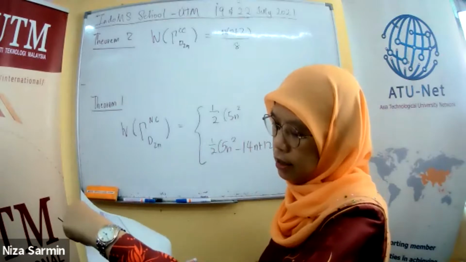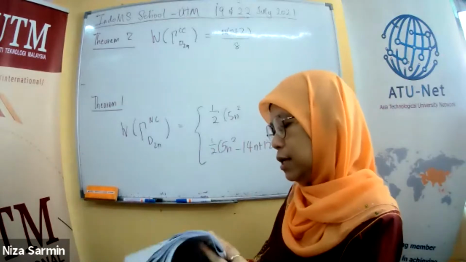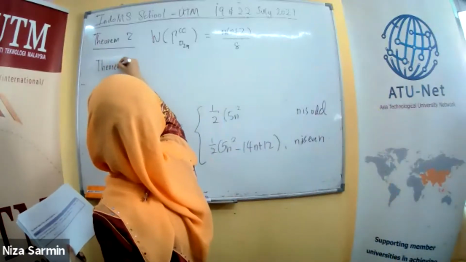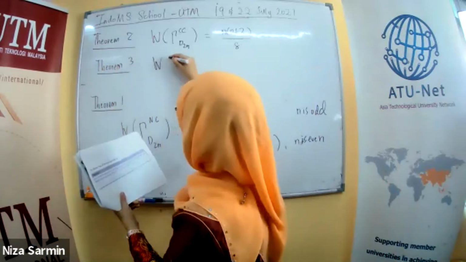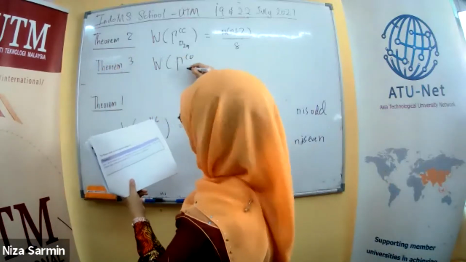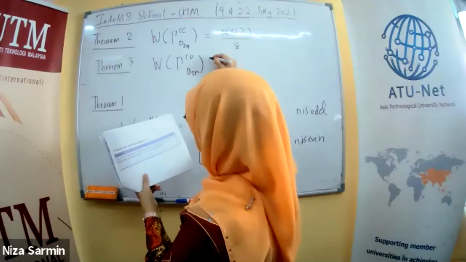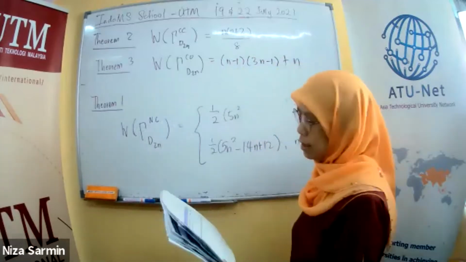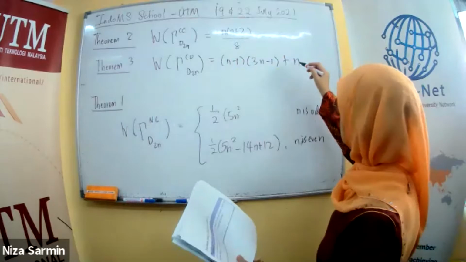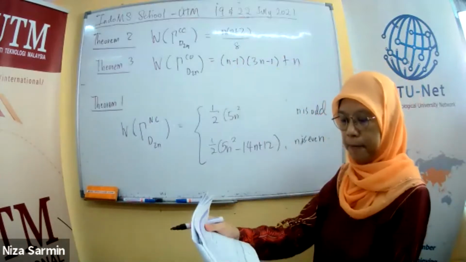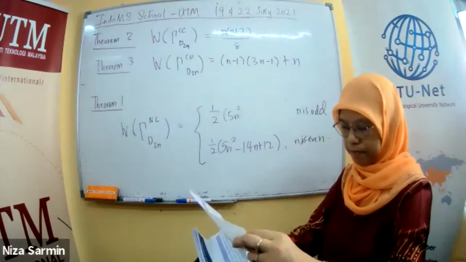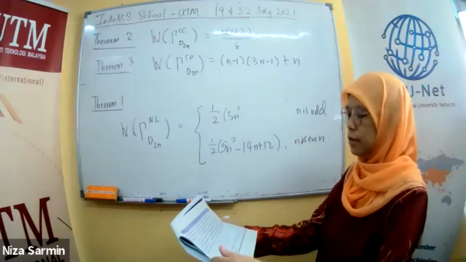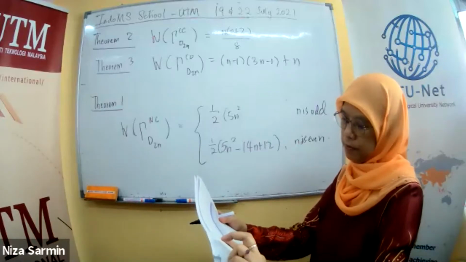Okay, and then we have the Weiner index of the co-prime graph. All right. So the Weiner index of the co-prime graph of the dihedral group, this is when n is an odd prime.